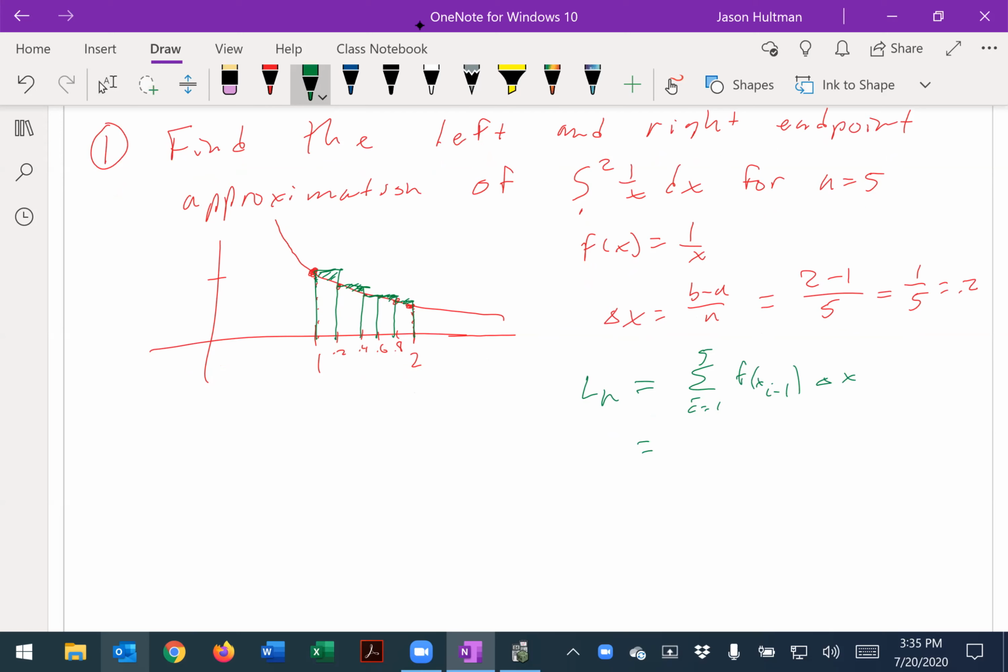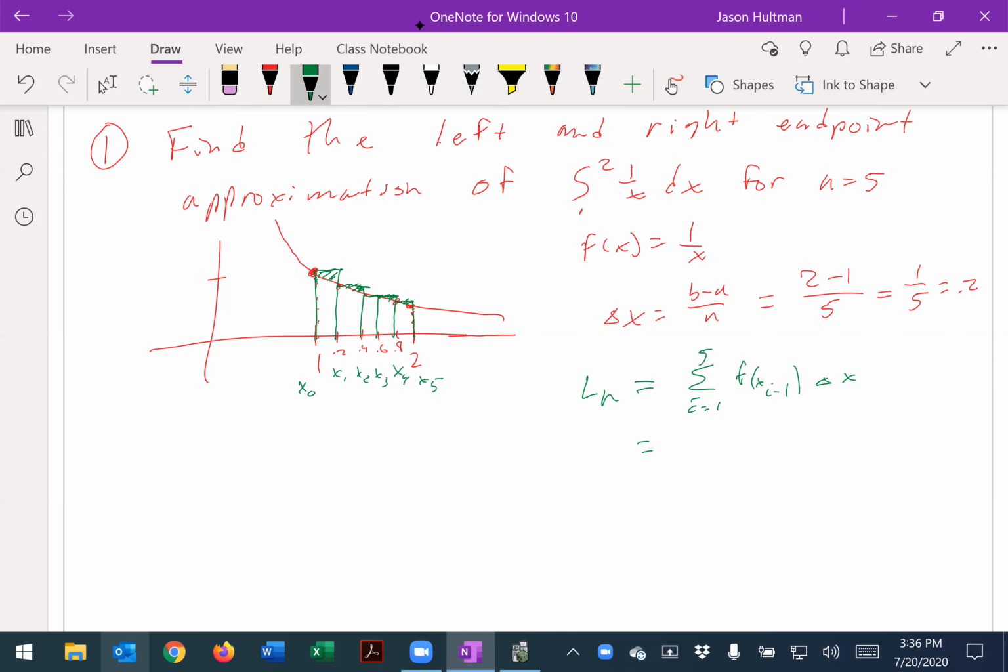So this is x0, this is x1, x2, x3, x4, and x5. What's x0? Well, that's 1. So x is 1 at x0.